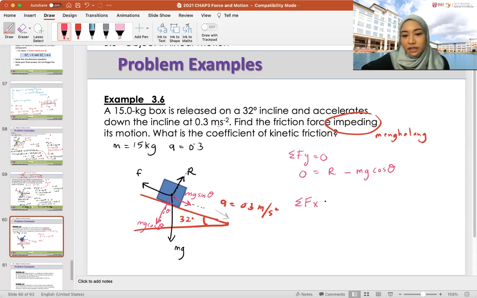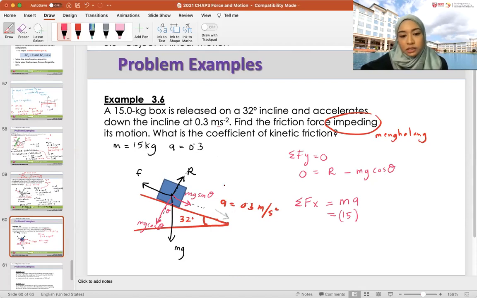No to the Fx. Okay, so Fx is not equal to 0, right? So it has acceleration in the x. Therefore, my equation cannot be equal to 0. It has to be equal to something, but it's not 0. So it must be ma. The m is the box because we are talking about the forces acting on the box. So ma is equal to, box is 15 kilogram, acceleration is to the right.